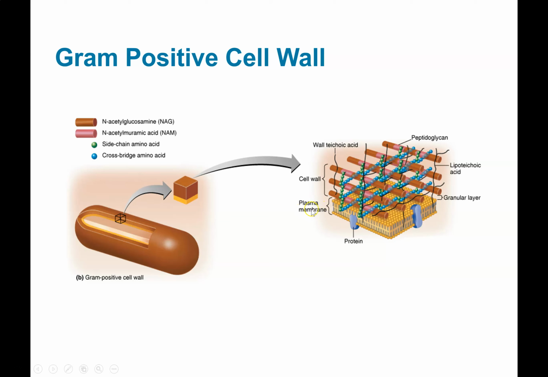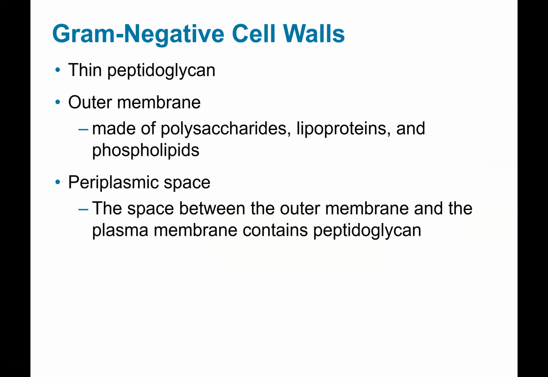I tend to use cell membrane most of the time, but just know those are all used interchangeably. And the brown here is the peptidoglycan. Okay, and then you can see that here with that same diagram that we saw with the rows of the NAG/NAM and the cross links of the peptides. And you could also see those teichoic acids were in there too.